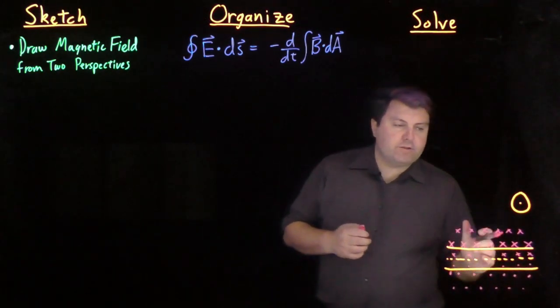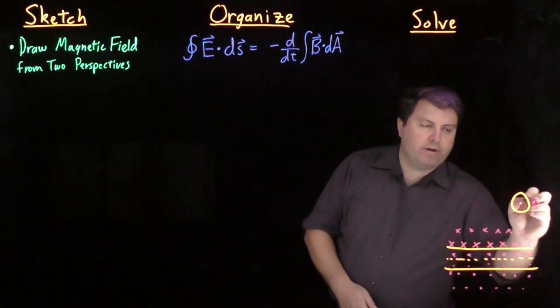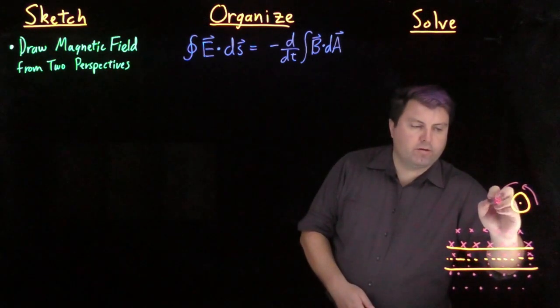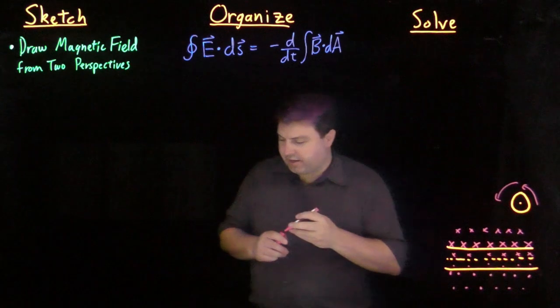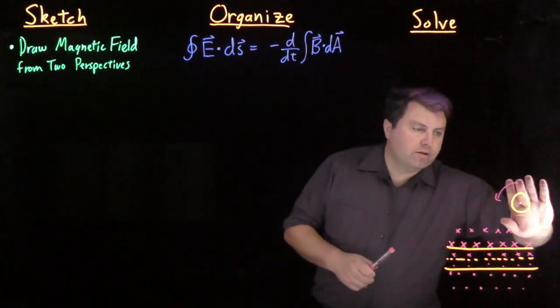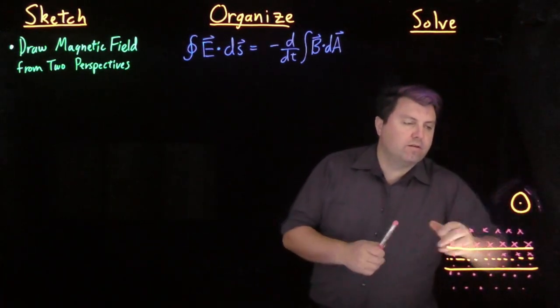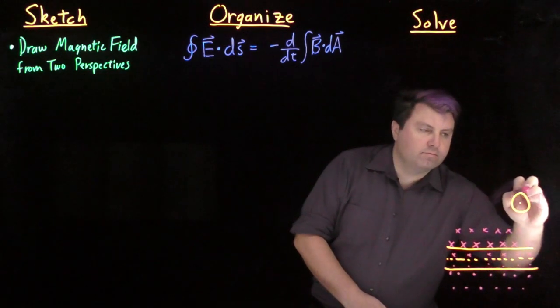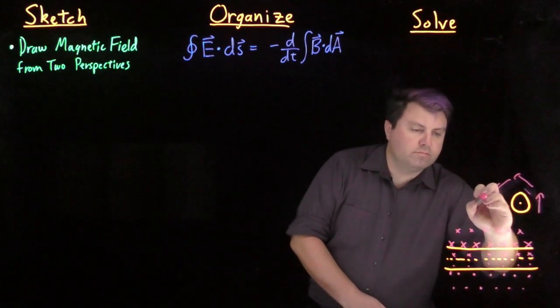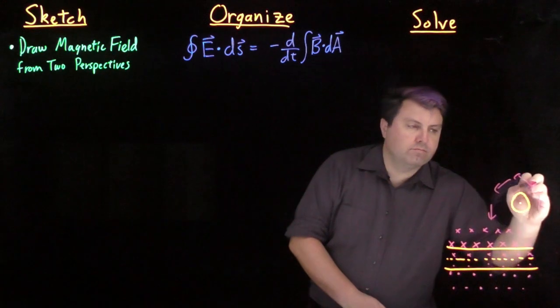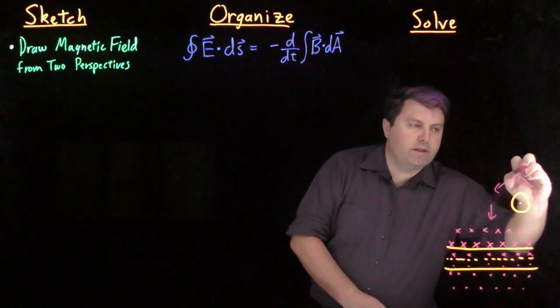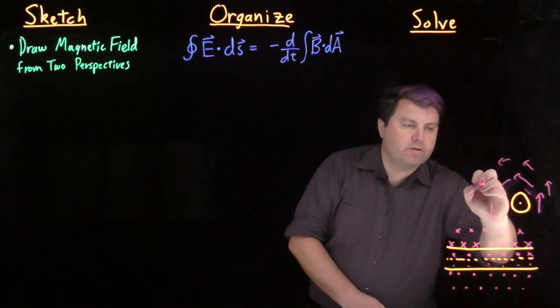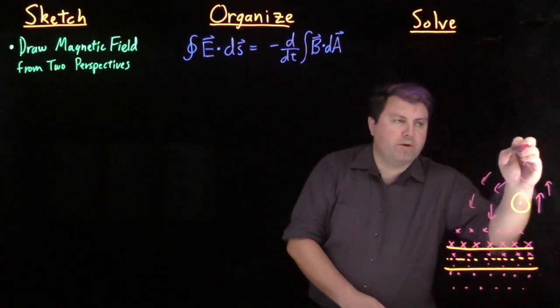If we're looking at it this way, if the current is coming this way, then we'd have very strong magnetic fields. So actually we should draw them as vectors. And then they will slowly be dropping off.